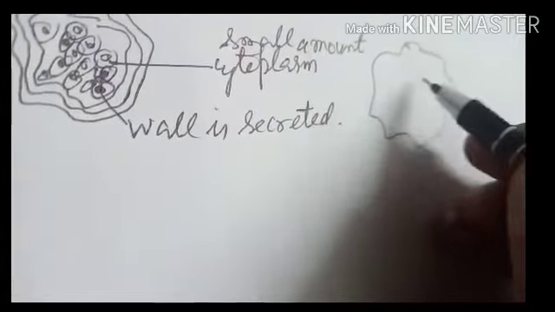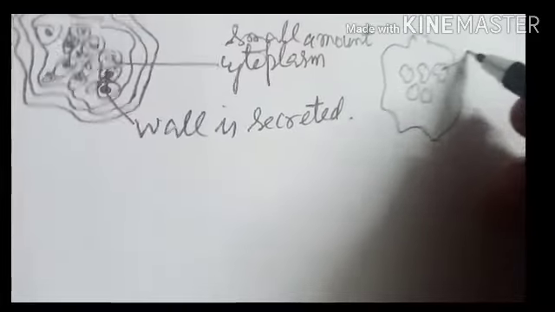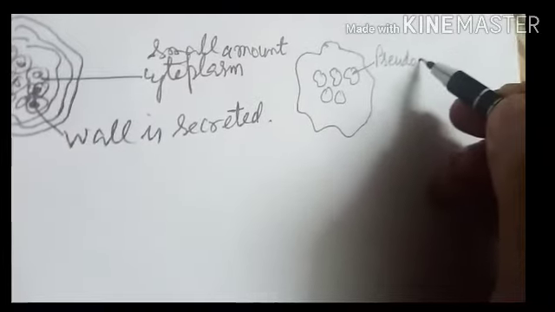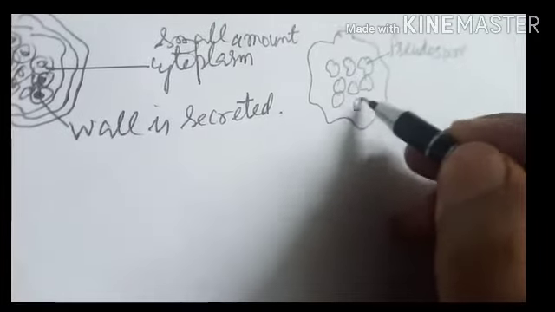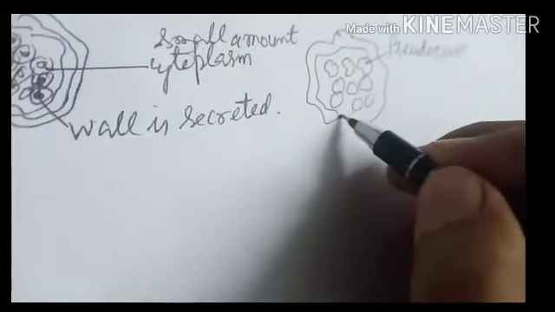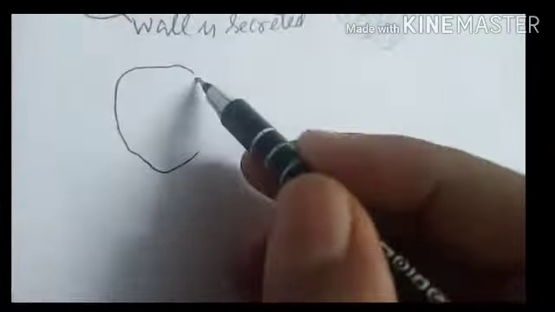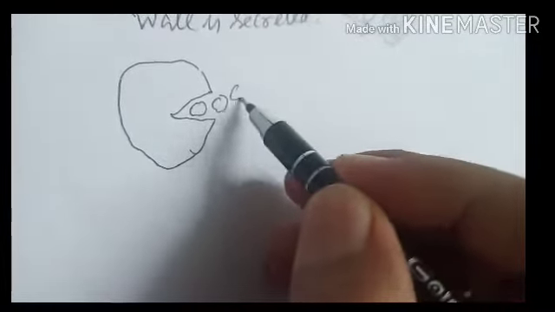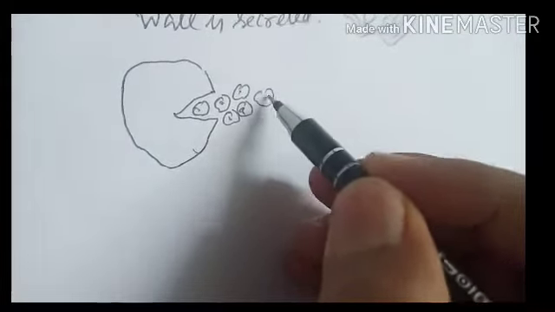These are the pseudospores. And then as favorable conditions return, this cyst gets ruptured, and these pseudospores are liberated.